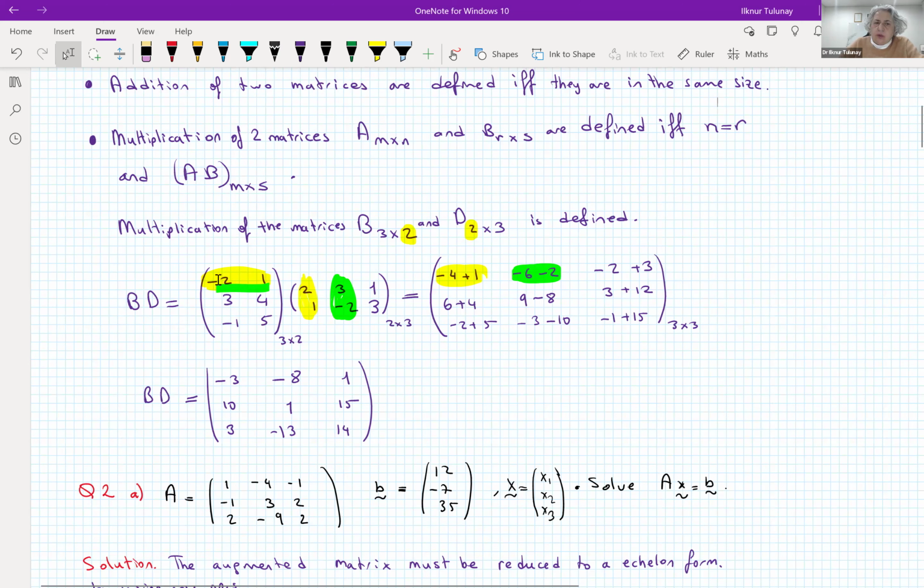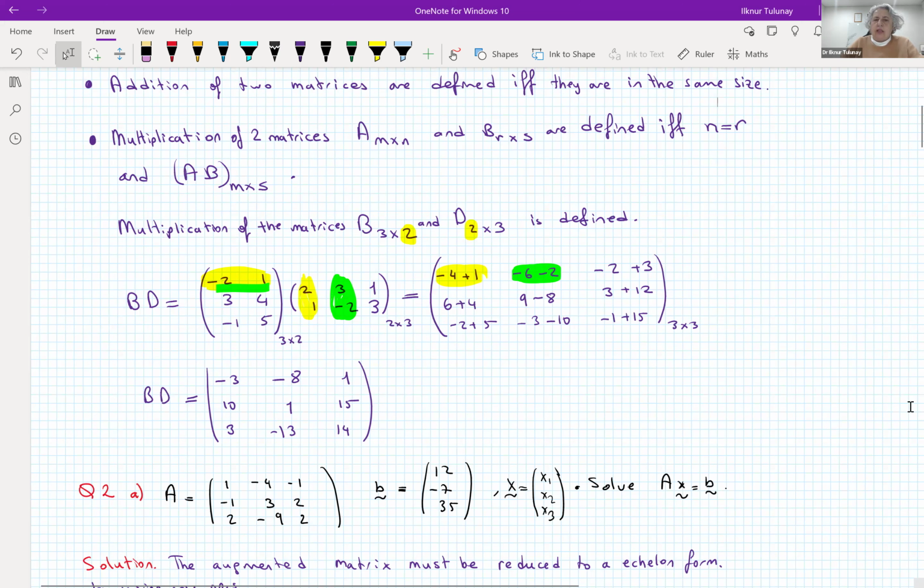So this multiplication is possible because when we multiply this vector with this vector as a dot product, the numbers have to match. It means that the column number here should be the row number here. So this 2 is this 2.